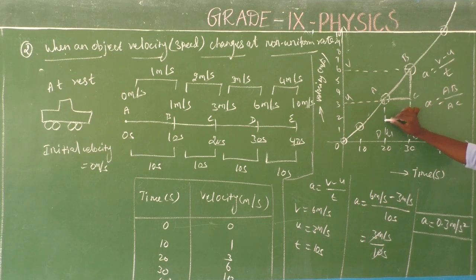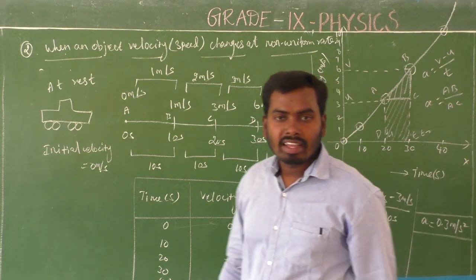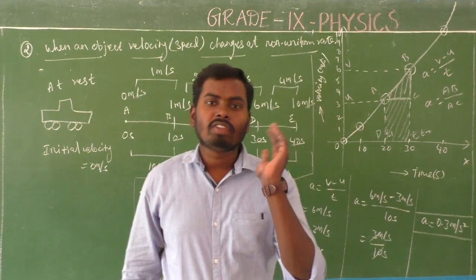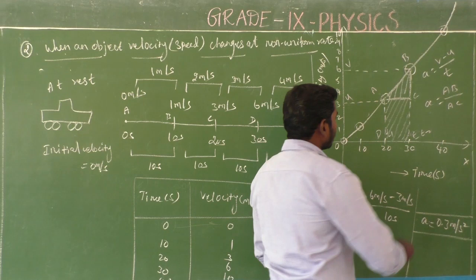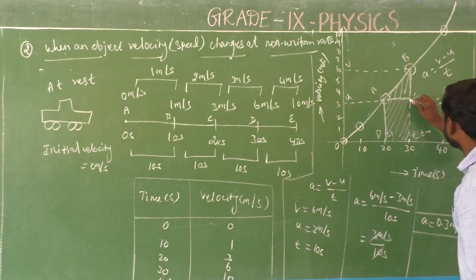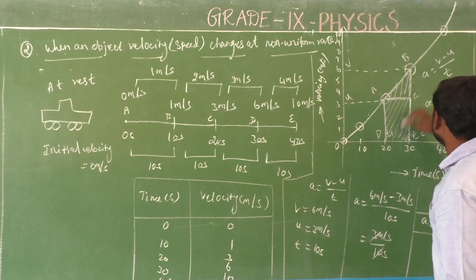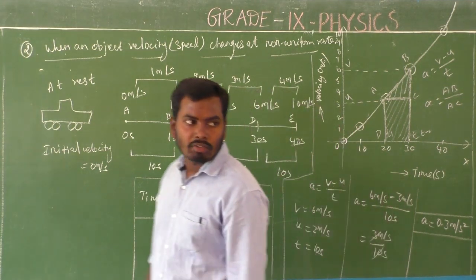The area enclosed by the graph is equal to the magnitude of the displacement. Is it clear? Yes, this area fully is equal to the magnitude of the displacement.